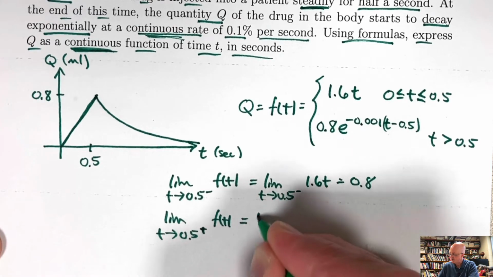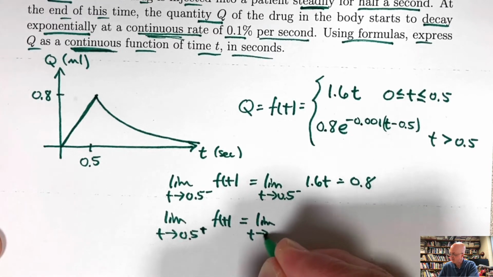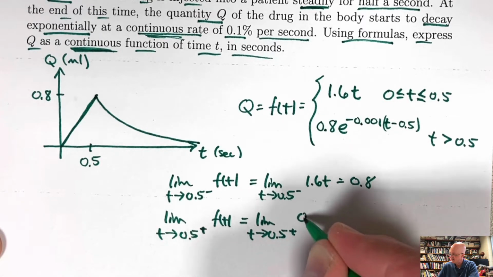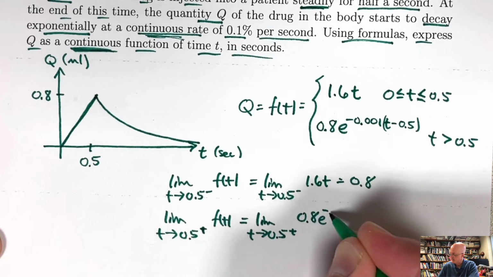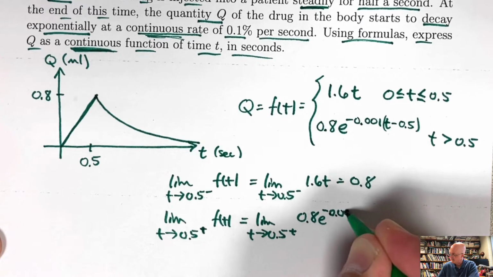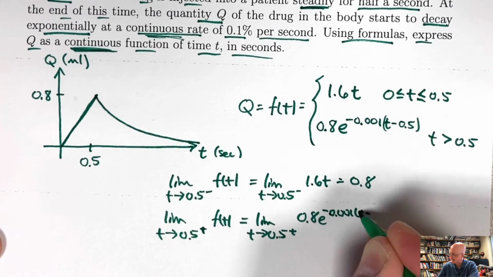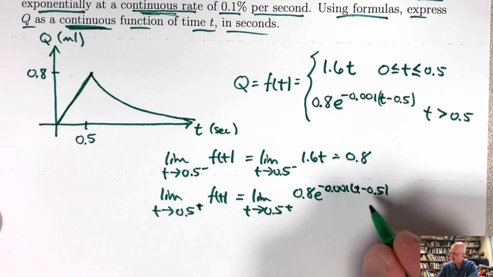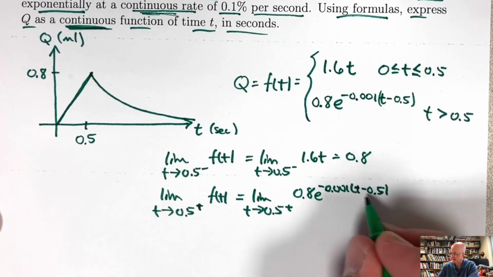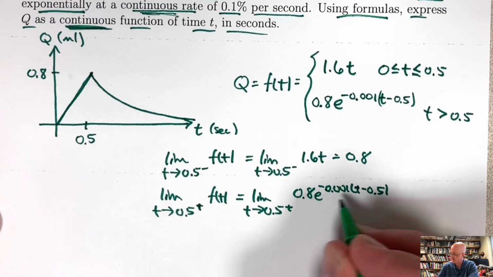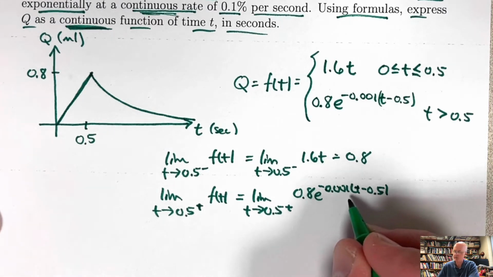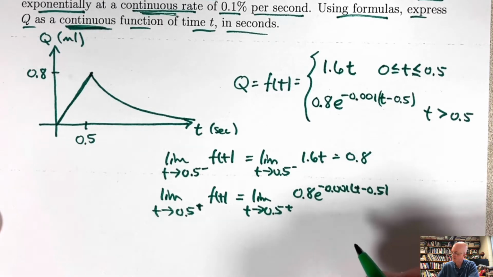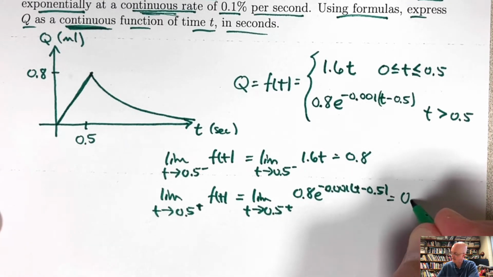We need the other formula because that's the formula that is relevant when t is bigger than 0.5. All right, and even though it's complicated looking, it's a fairly simple limit. As t gets closer and closer to 0.5, this expression up here is getting closer and closer to 0. e to something getting closer and closer to 0 gets closer and closer to 1. 0.8 times something closer and closer to 1 gets closer and closer to 0.8.